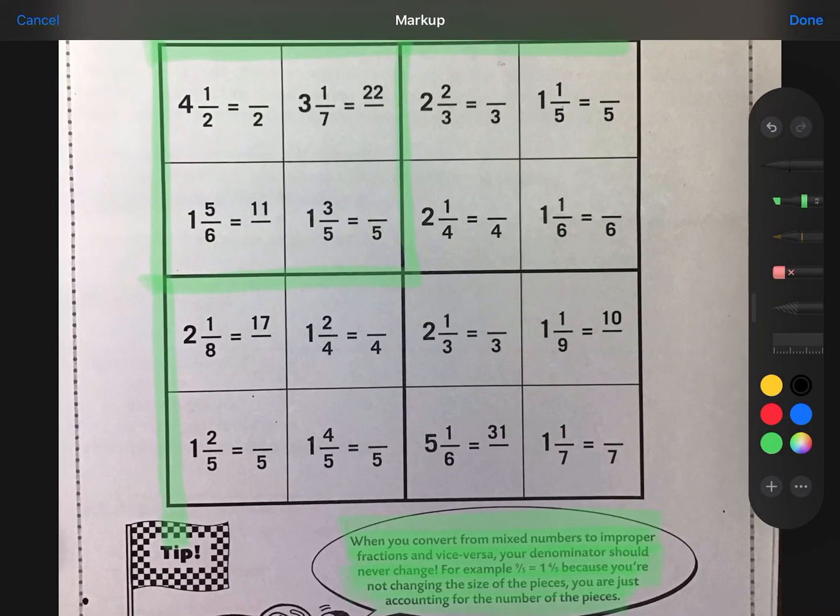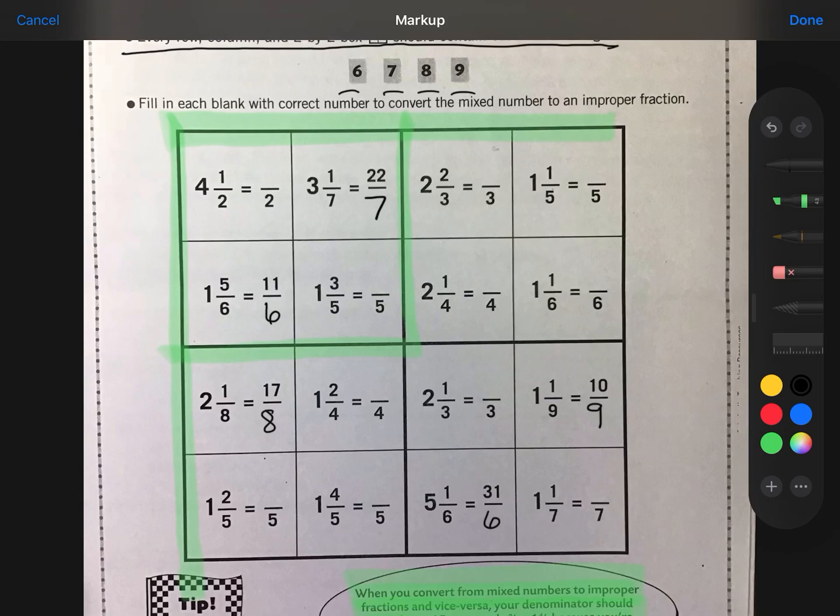So any of these that do not have a denominator, you could go ahead and plug those in because you know 3 1/7 is going to equal 22/7 because the denominator is not changing. So that will give us a few of these already.